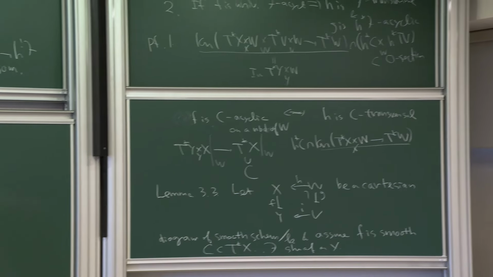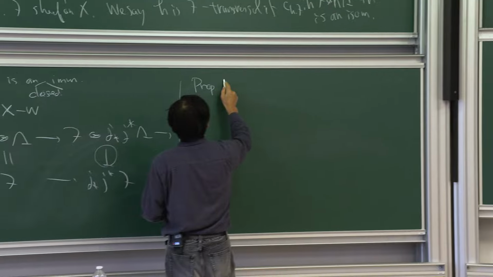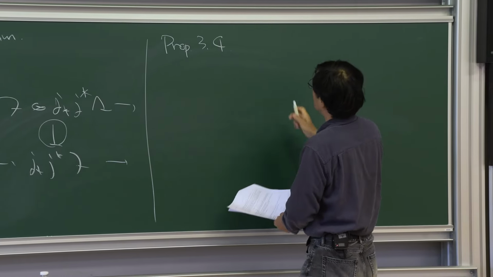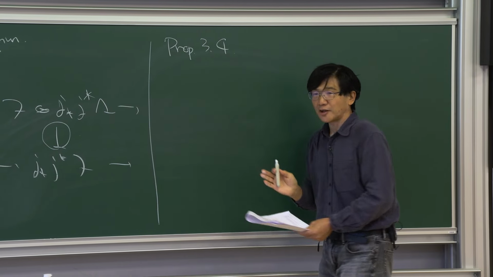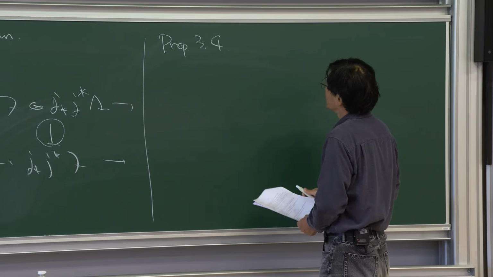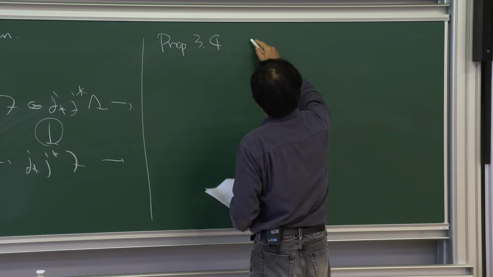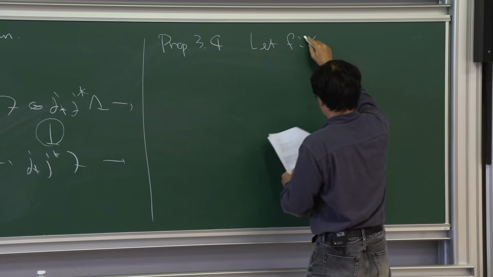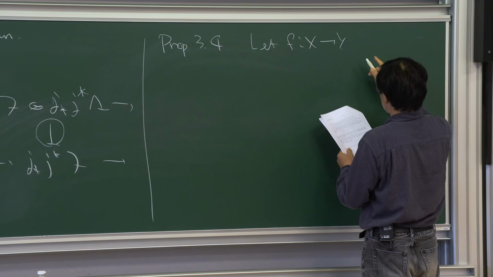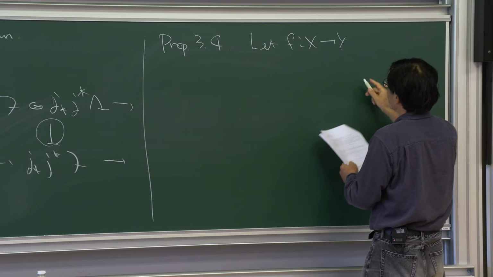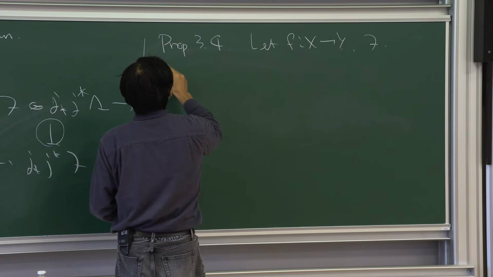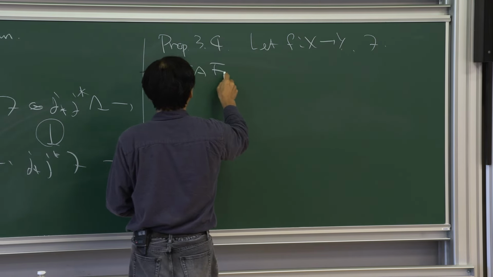So here I use a proposition. This is in the appendix of Illusie, in SGA 4.5. Let there be schemes, and let F be a sheaf on X. Then the following are equivalent.